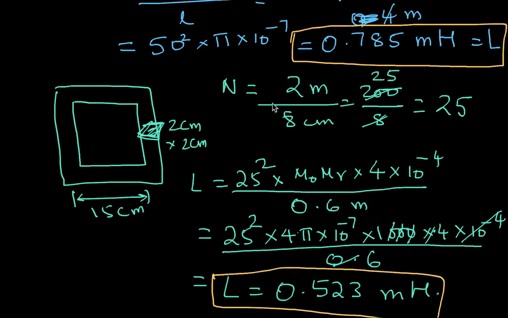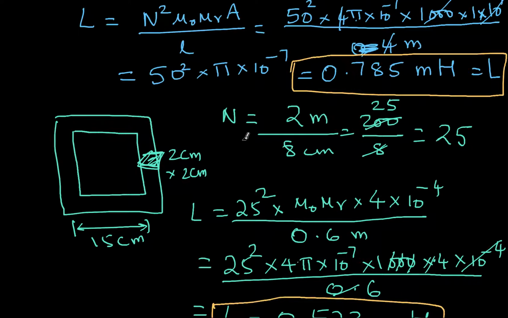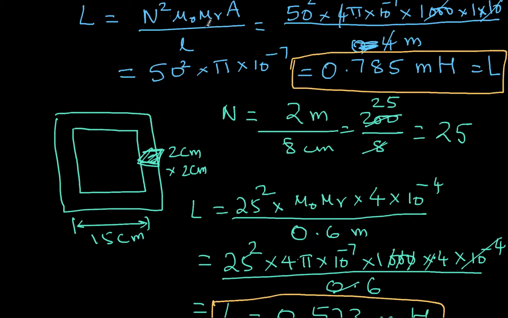If I look at the formula once again, inductance is proportional to area. The area is increasing, so inductance is supposed to increase. But because the area is increasing and the length of the wire itself is 2 meters, my N is reducing and this is having a higher effect. Another thing we noticed was that the length is increasing, which further reduces the inductance.